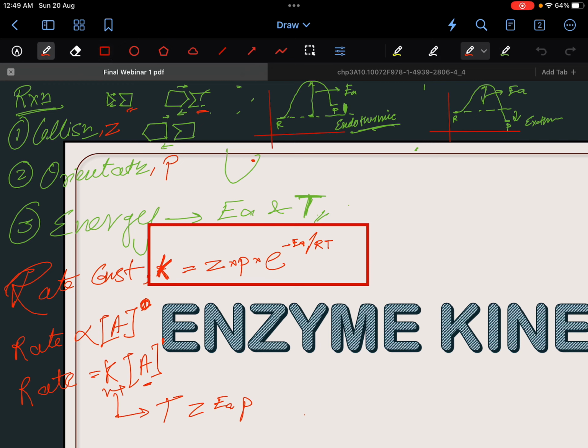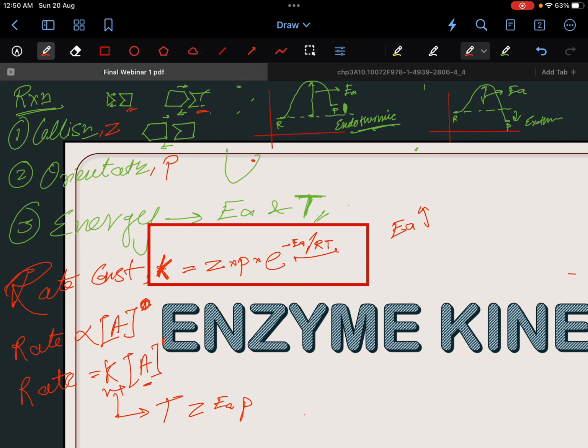Now let's interpret this equation. If Ea is very high, what will be the value of this term? It will be negative. If Ea is very high, what is the probability of the reaction happening?